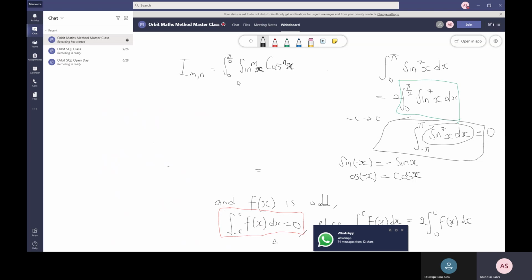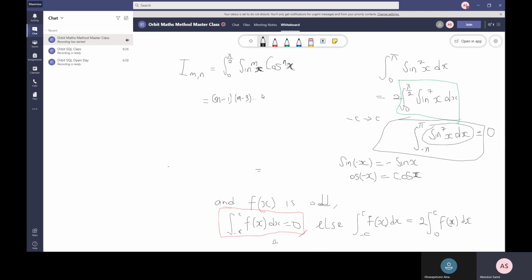So the Wallis formula for this: you have two variables, two powers, m and n. It is similar to that of sine and cos, it's just that this one has two variables, m and n. So it equals m minus 1 times m minus 3, then dot continues.